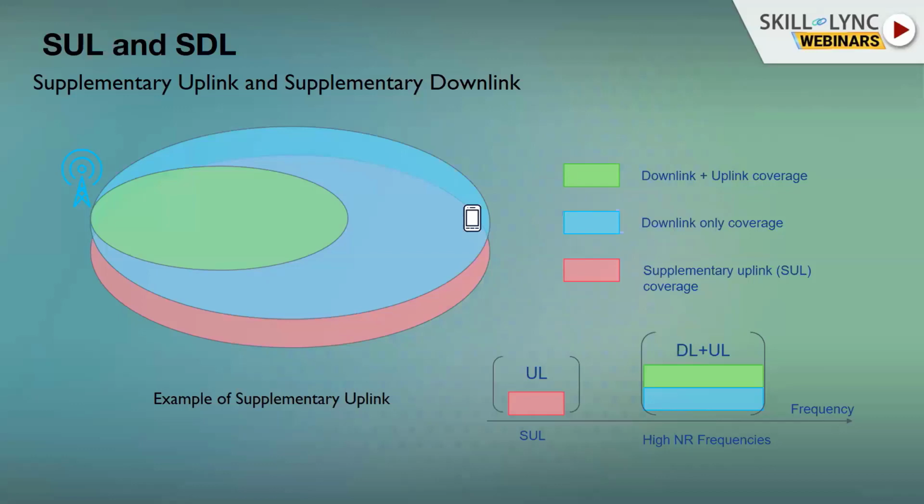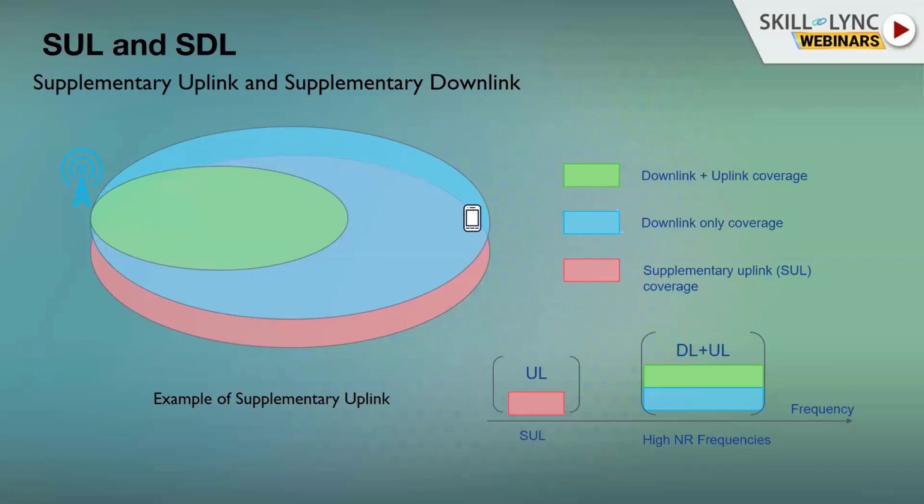This provides an efficient way of using spectrum because consumption of rich content and other data heavy applications is asymmetric. It is a detailed explanation and needs more time, but I will just add that it also improves uplink coverage for high frequency scenarios.